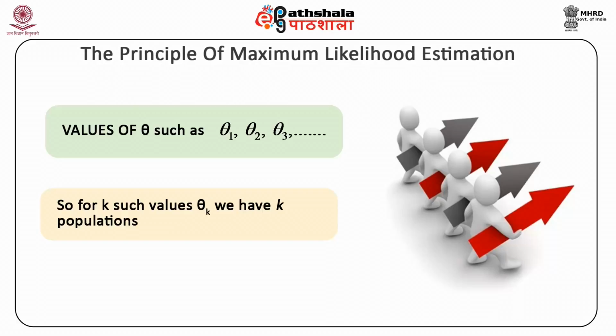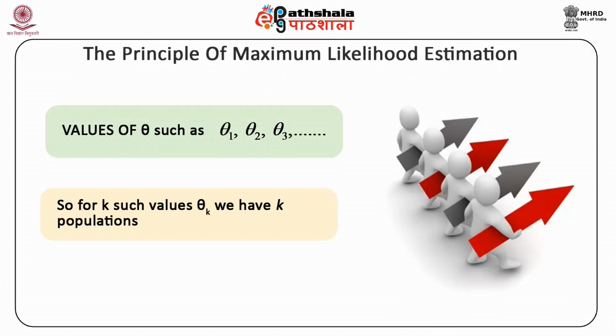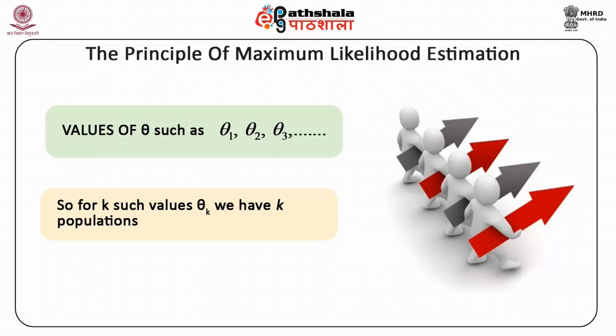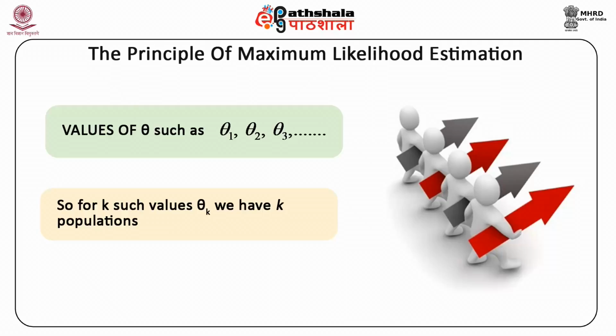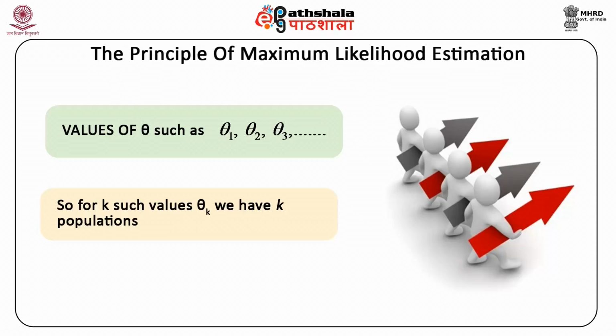Then we select that population for which the sample probability is maximum. Once the parent population has been identified, the specific parameter is estimated. This is the principle that guides us in the search for the maximum likelihood estimator.